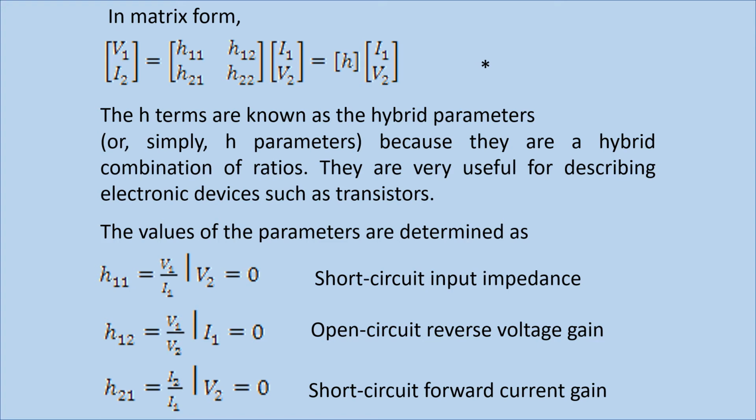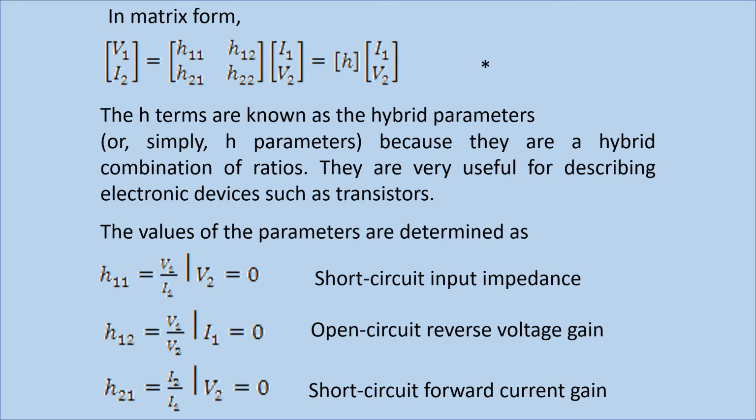The first one is the short circuit input impedance, H11, which is V1 over I1, that is, input voltage over input current, provided that your output voltage is short circuited, that is, V2 equals 0.